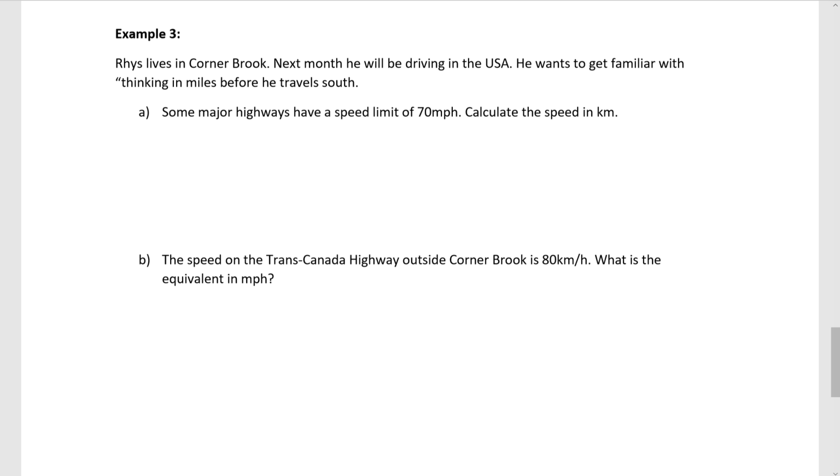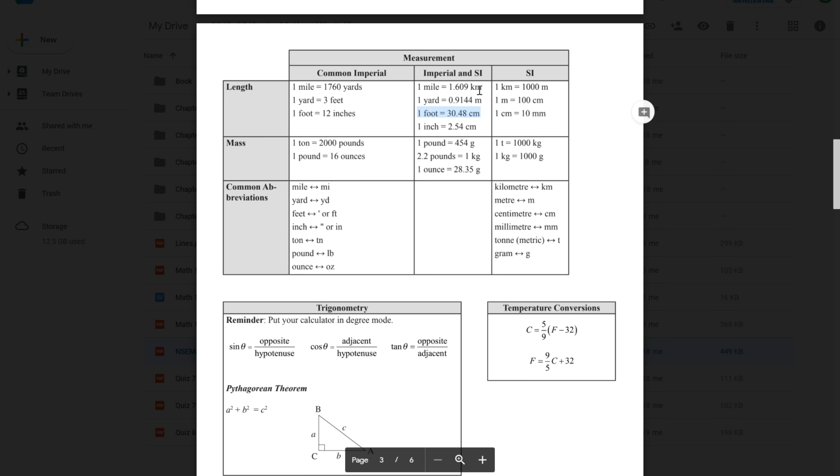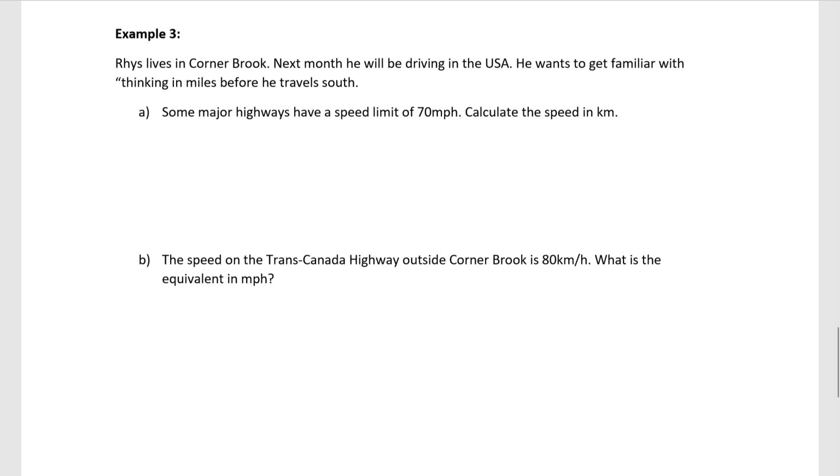So let's get our conversion rate. So miles to kilometers, 1 mile is 1.609 kilometers. So let's jot that over here. 1 mile is equal to 1.609 kilometers, and we'll be using that to do these conversions. So what we're going to do is convert that 70 miles into kilometers. So we start with 1 mile, we start with our conversion rate, 1.609 kilometers, and we're converting 70 miles.